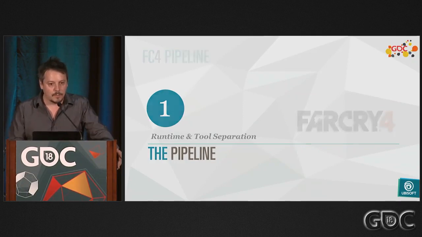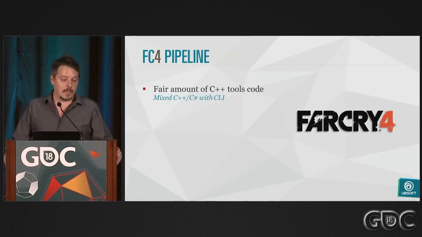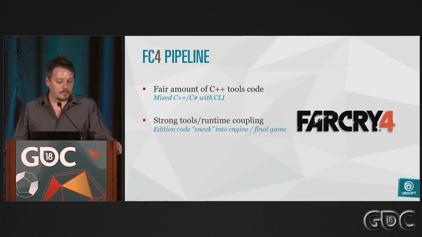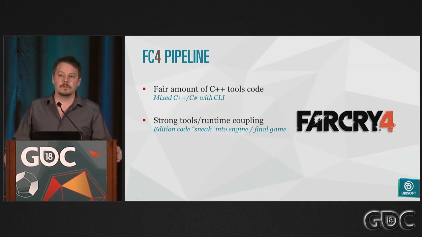And let's talk about where we were at the end of Far Cry 4. One of the biggest problems we had at the end of Far Cry 4 was the fact that a lot of our tool code was still in C++. That means a lot of our tools and engine code link together, and it ends up with a strong runtime and tools coupling, which is a big issue because you have some tool code that can stick into the final engine that we will ship.